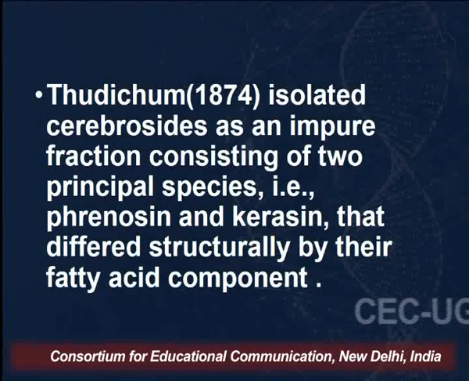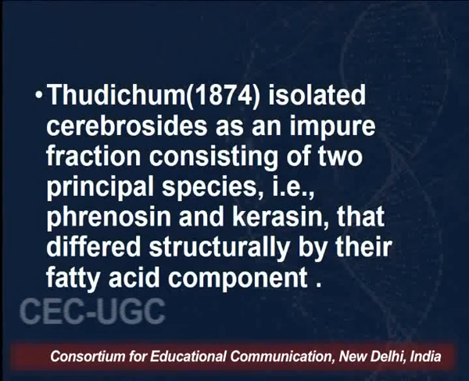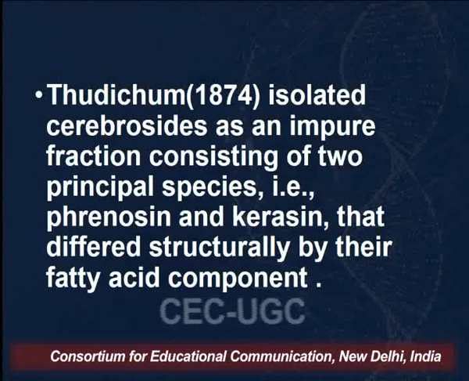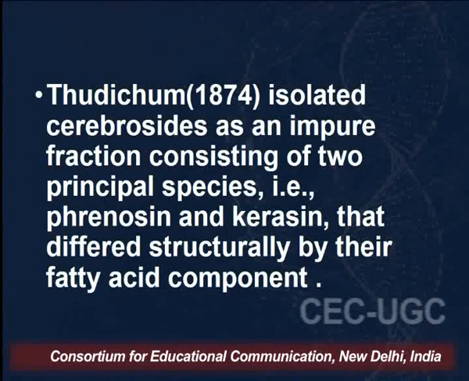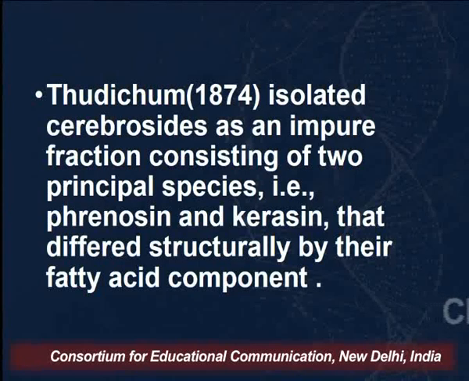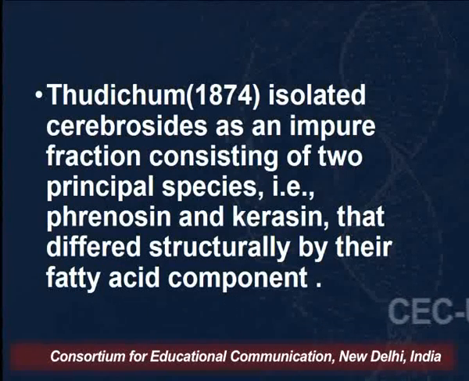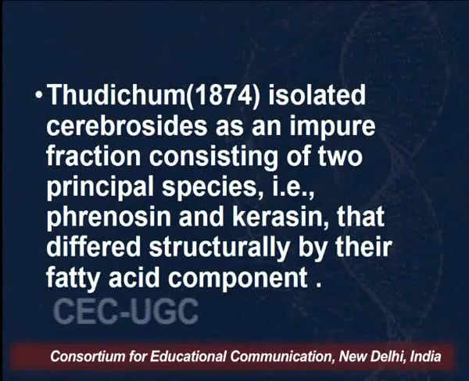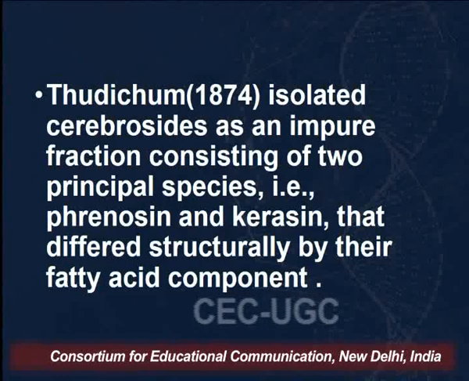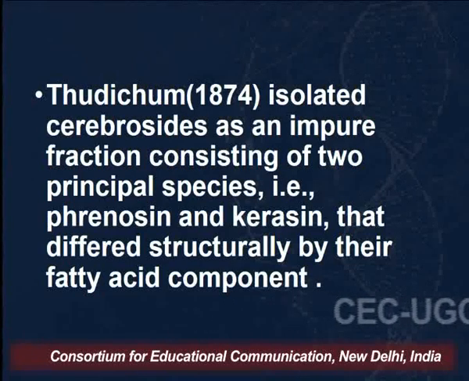Thudichum, in 1874, isolated cerebrosides as an impure fraction consisting of 2 principal species, phrenosine and kerasin, that differed structurally by their fatty acid component. The point to be noted here is that in these cerebrosides the backbone base was the same, and the monosaccharide present was the same.